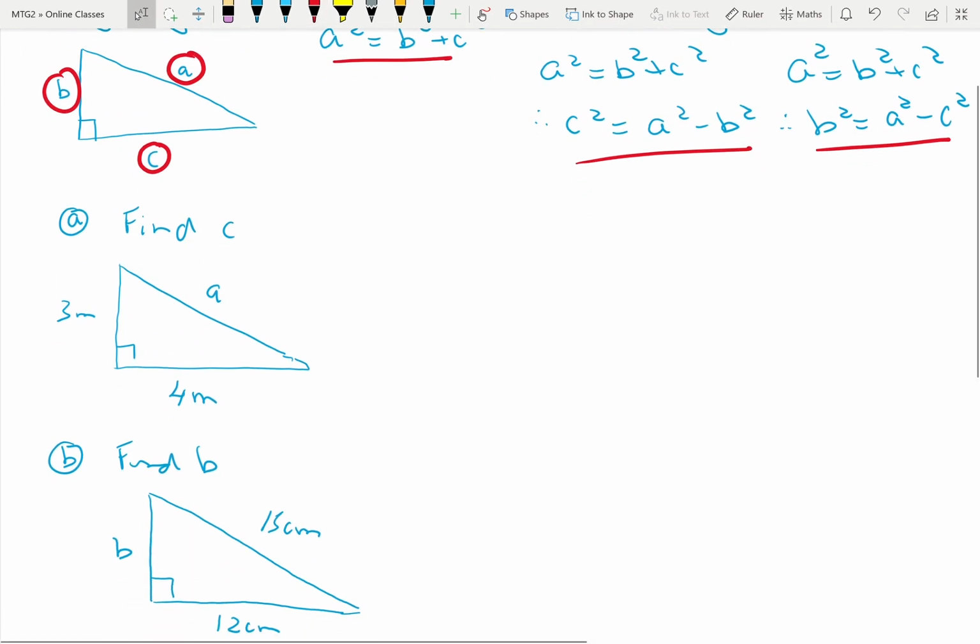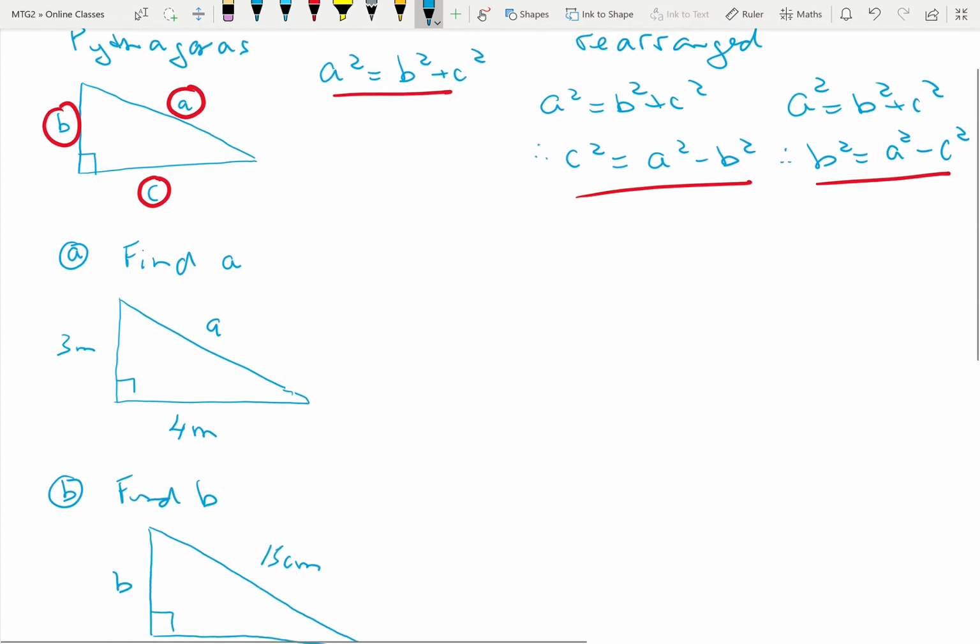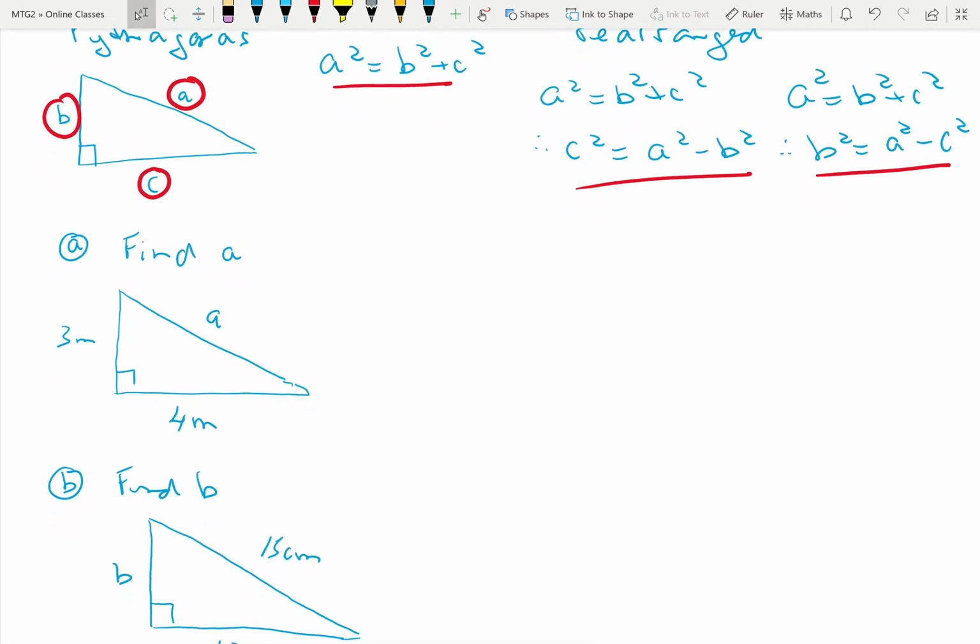You've got a triangle which has got a base of 4, side of 3, and the hypotenuse is equal to a. And we have to find the value of a. So which formula am I going to use? Well, looking at the top, I'll use my first formula, which is a squared is equal to b squared plus c squared.